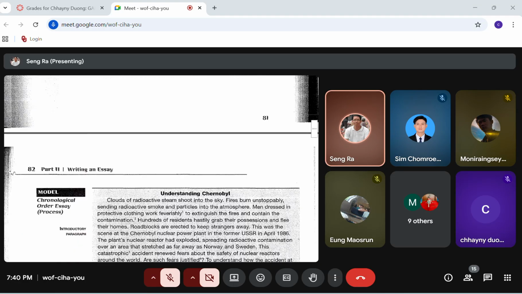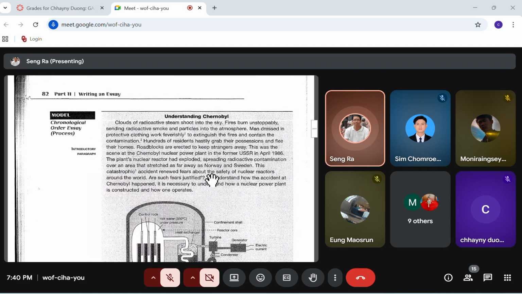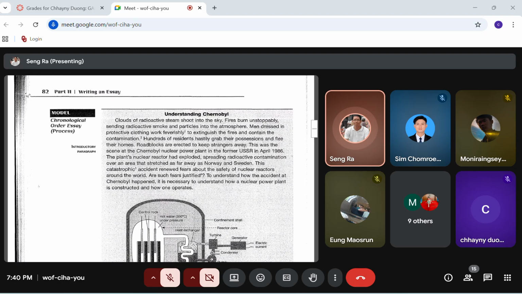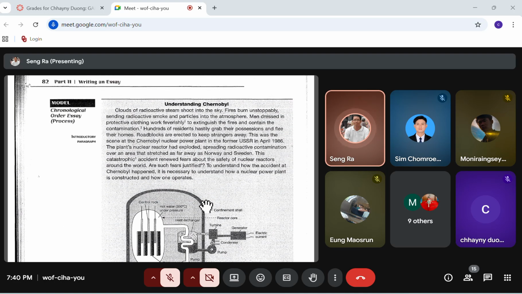So this is an example of process writing. This is about understanding Chernobyl, the nuclear disaster in Ukraine in 1986. This is the introductory paragraph, which starts with background information.